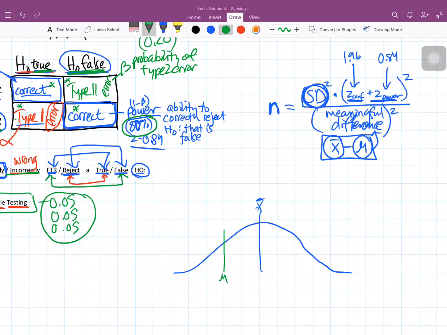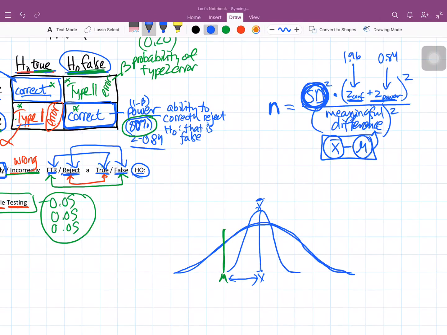Here's our X bar down here. We want to test if this difference is important. If that is spread out as far as this is, then maybe this population mean is kind of reasonable. Maybe that's okay.